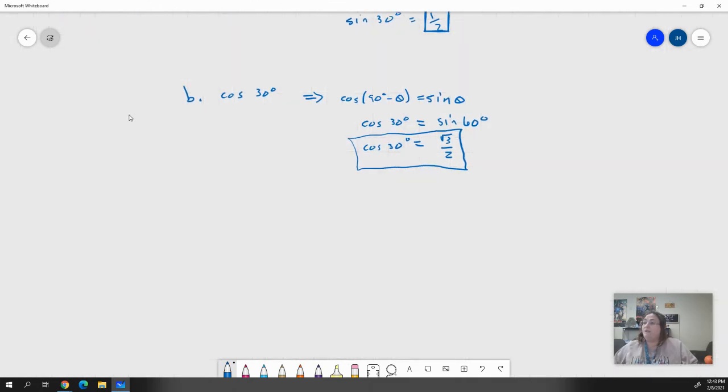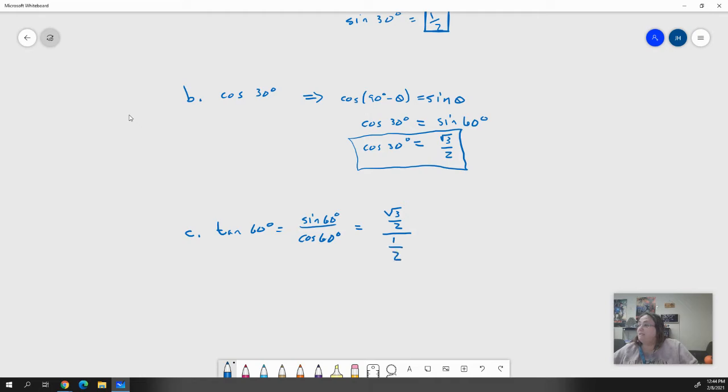Now, in your homework, you're only asked to do A and B, but we can also do C and D if we wanted. We'll do at least C. C asks us for the tangent of 60 degrees. I can remember that tangent is just sine of 60 over cosine of 60. Tangent is sine over cosine. I know that the sine of 60 is radical 3 over 2, and that the cosine of 60 is 1/2.